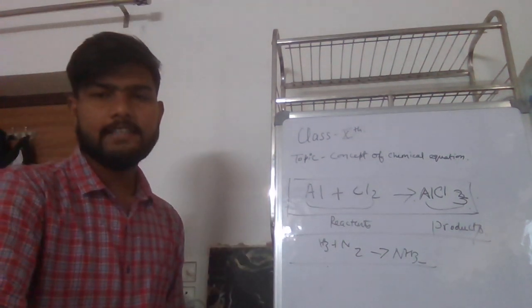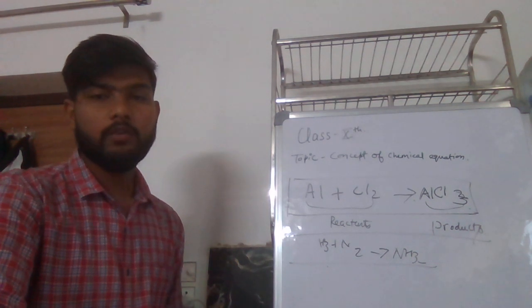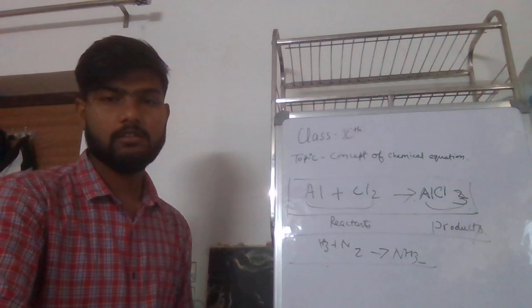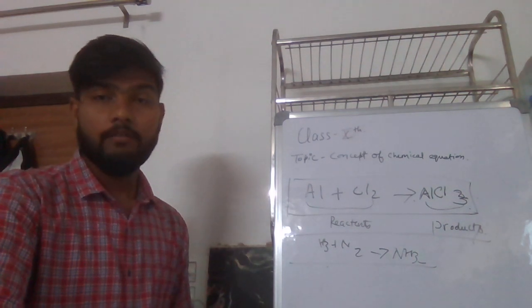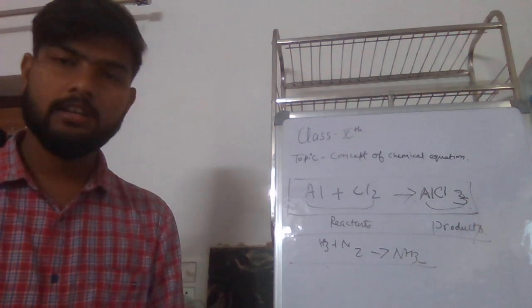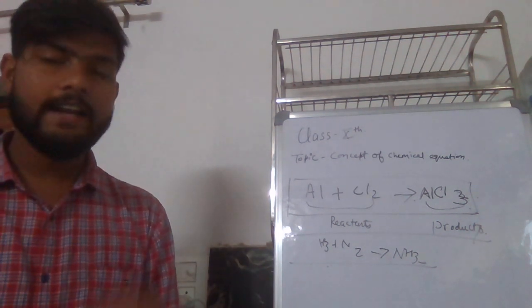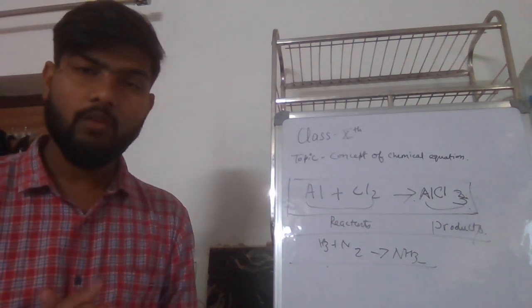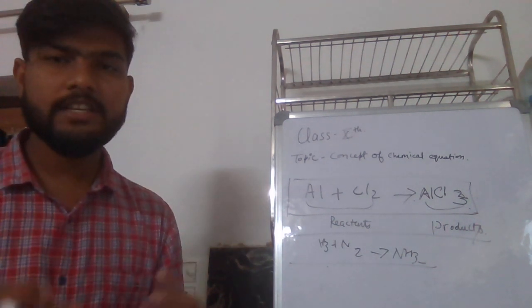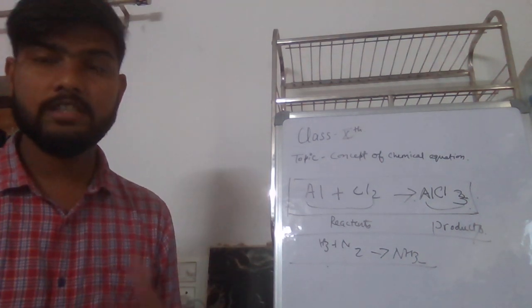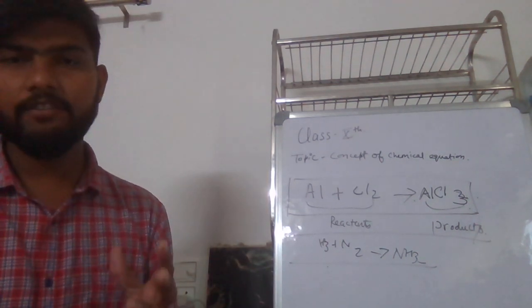Let's summarize what we have studied in today's class. We studied the chemical equation of a chemical reaction and its types. What is a chemical equation? The representation of a chemical reaction using symbols and formulae of the substances is called a chemical equation.